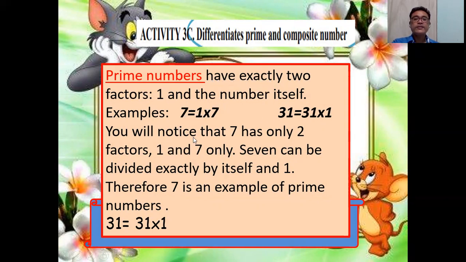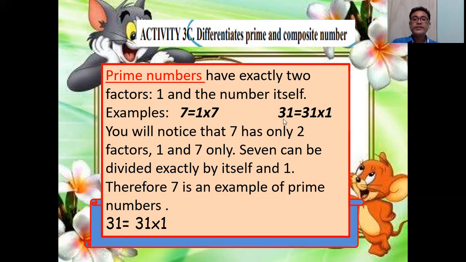You will notice that 7 has only 2 factors, 1 and 7 only. 7 can be divided exactly by itself and 1. Therefore, 7 is an example of a prime number.